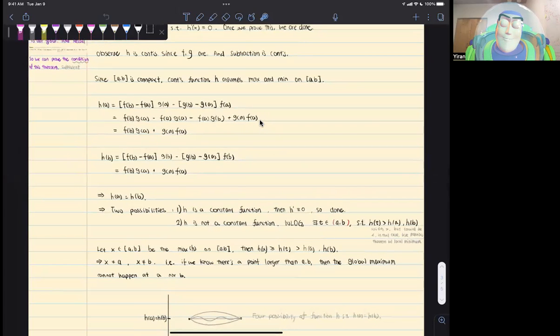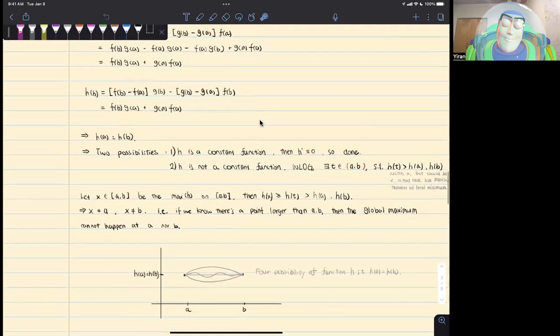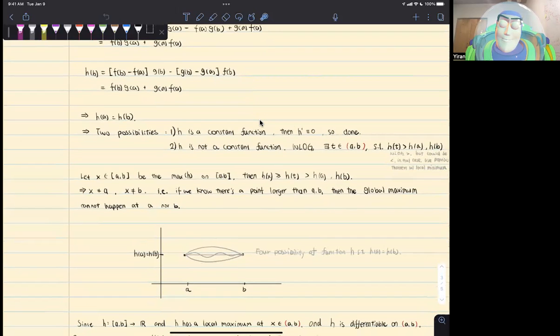So why do we want to do this? In this case, it is very important to utilize the information that there exists a point t such that h(t) is larger than h(a) and h(b).